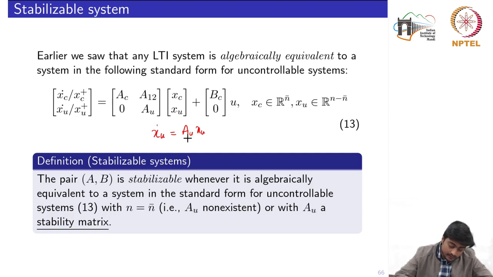But whenever the eigenvalues of this AU matrix lie on the left hand side, then we say that the system is stabilizable. Okay, if the eigenvalues of AU are on the right hand side, then the system is not stabilizable, because it does not even satisfy the weaker condition of stabilizability.